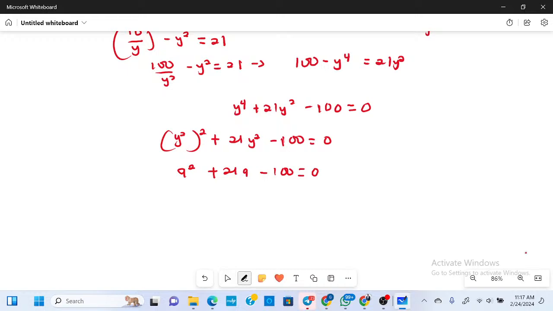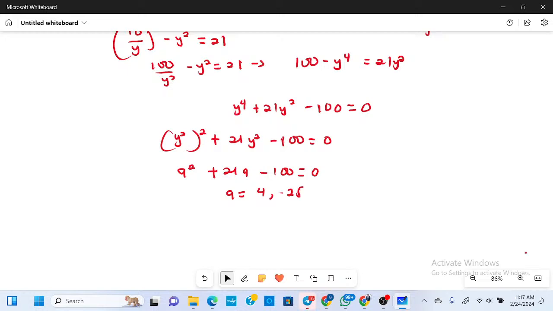So let's see. I have a to be equal to either 4 or negative 25.